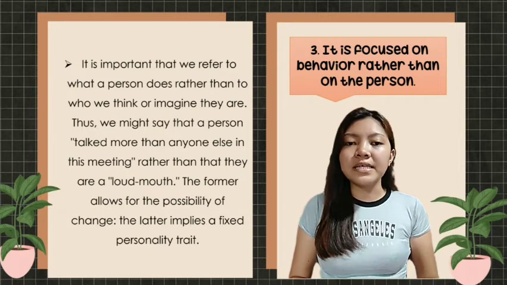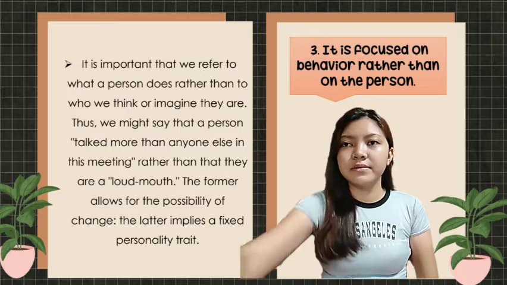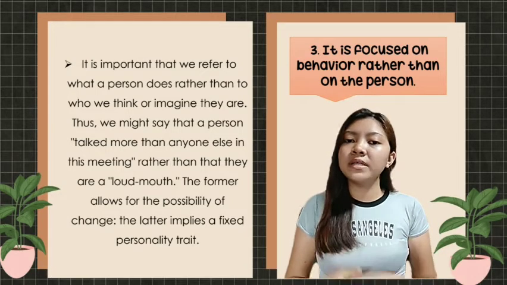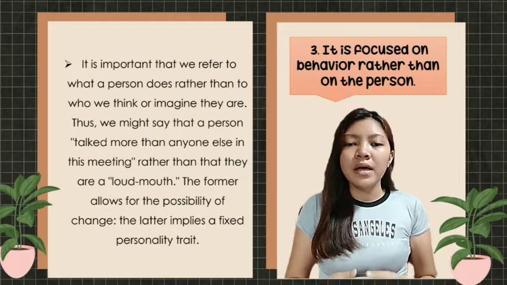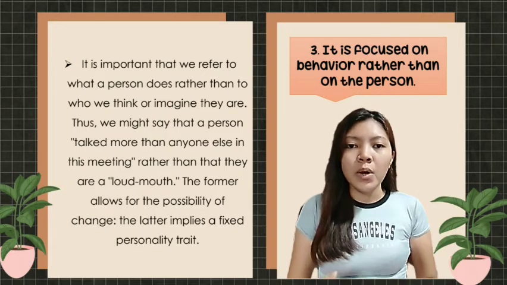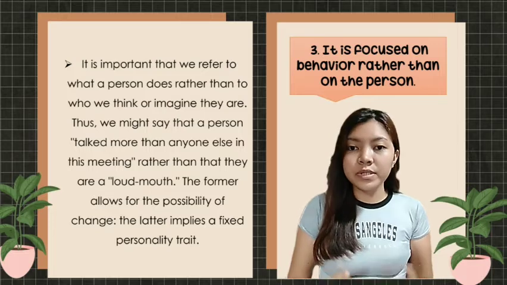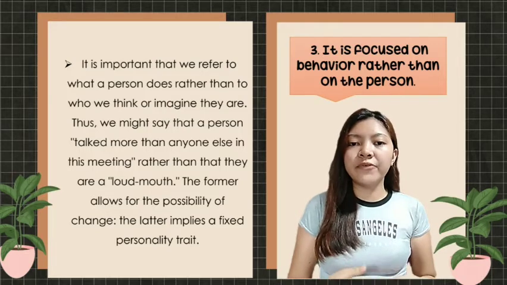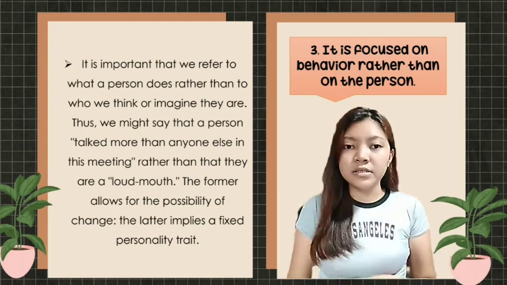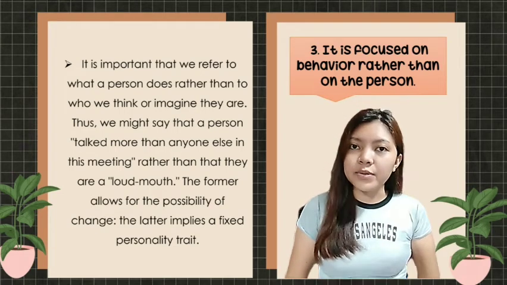The latter implies a fixed personality trait. So behavior focus rather than personality focus. Feedback that refers to what the student does allows scope for change. We might comment, "You appeared to lose focus and direction when interviewing Mr. J," rather than commenting, "You are too vague" during client interviews.